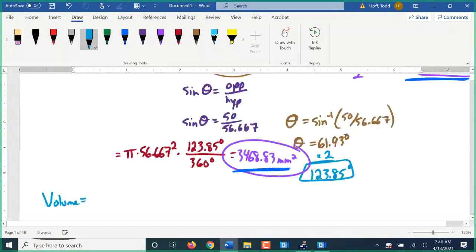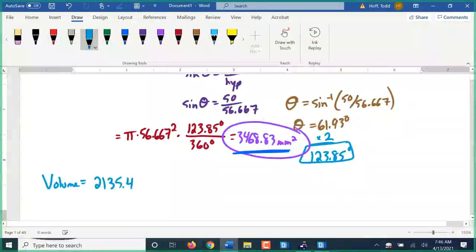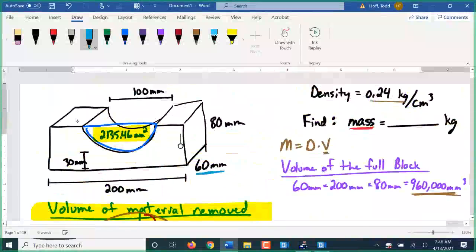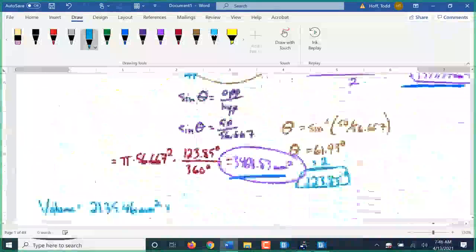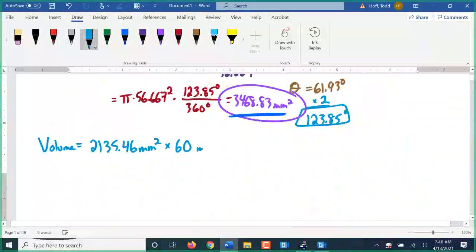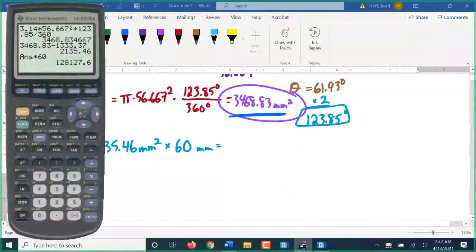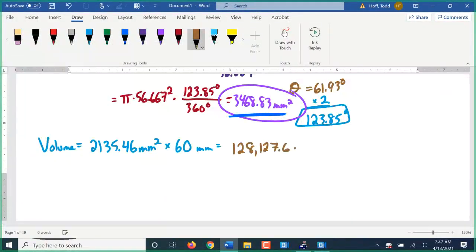So our area of 2135.46 millimeters squared times the depth, which is just the 60 millimeters. This is going to go back 60 millimeters here. So giving us a volume of 128,127.6 millimeters cubed.